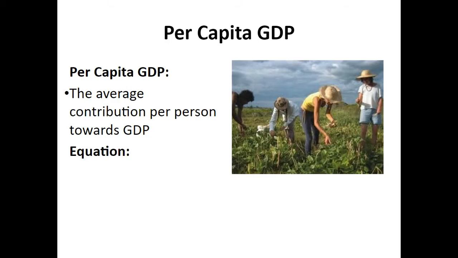There is a simple equation that we use. Take the overall GDP number, so for the United States, it would be that $21.47 trillion number, and we divide it by the population, the number of people that are working in the population, which we covered last chapter. And that will give us our per capita GDP. So pretty easy to figure out.